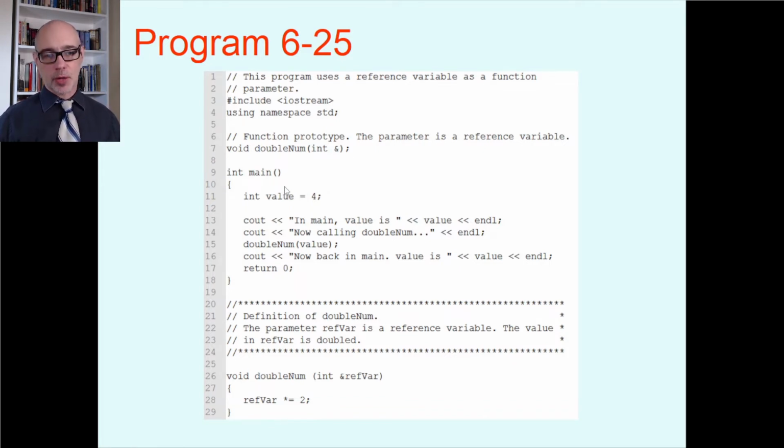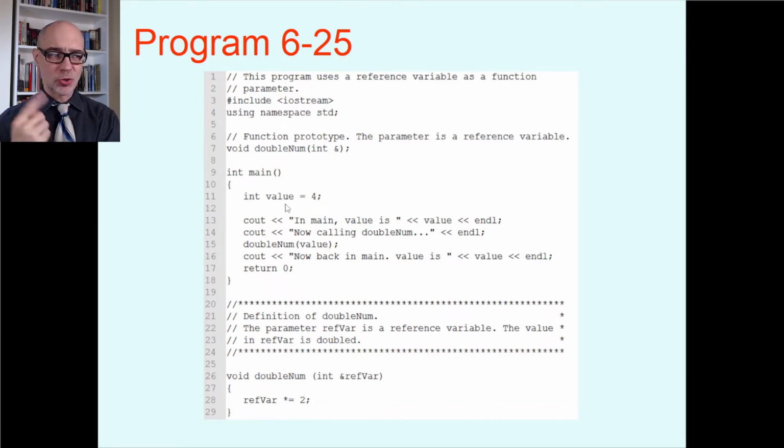So here's the main function, and it's setting up an integer called value being set to 4. It says in main, value is 4, of course. And it says now calling doubleNum, calls doubleNum. So it's going to jump down to doubleNum. And here, the integer reference is being called refVar. But the thing is, that's really just another name for this value, right? refVar is literally holding the address of where this value is.